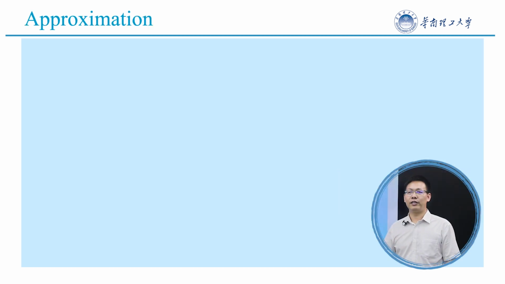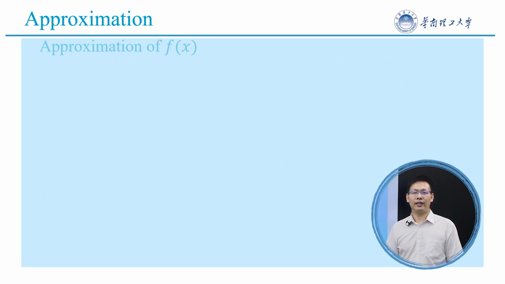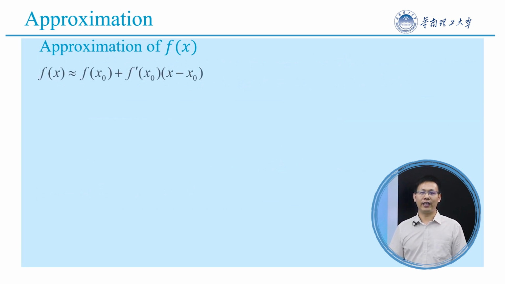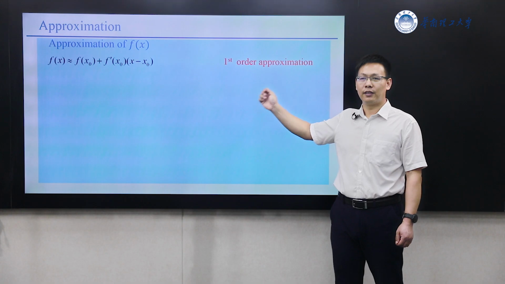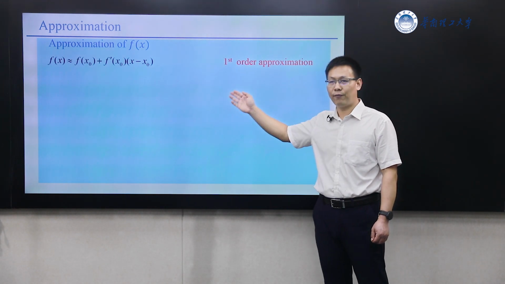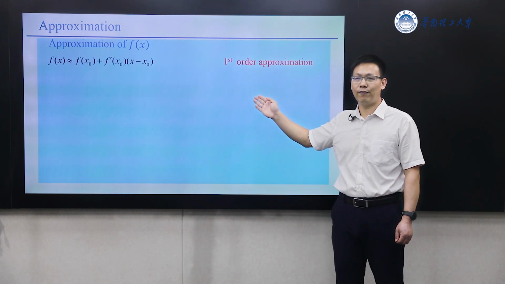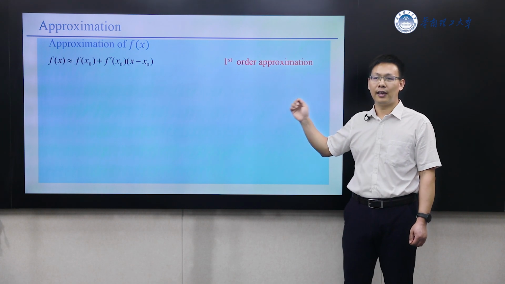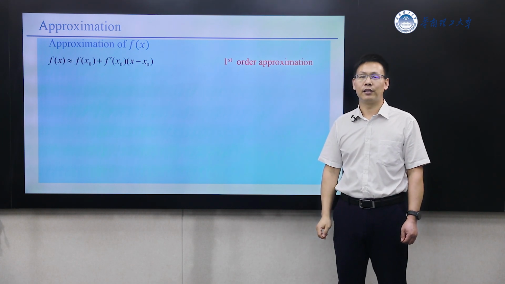At last, we discuss the approximation of function. For a single variable function f(x), when it is differentiable at some point x0, then we have the first order approximation. f(x) is approximately equal to f(x0) plus f prime of x0 dot x minus x0.